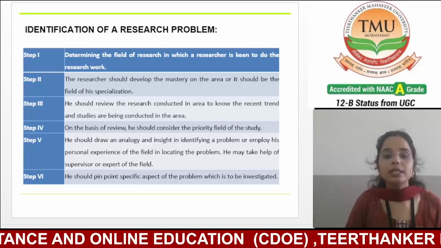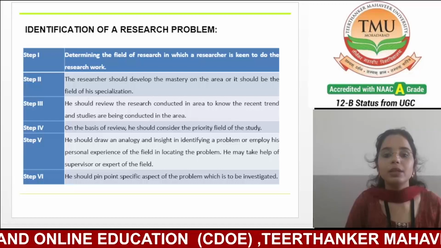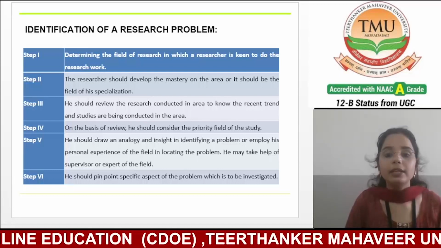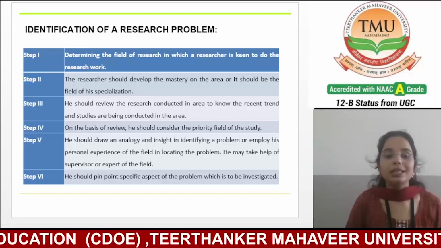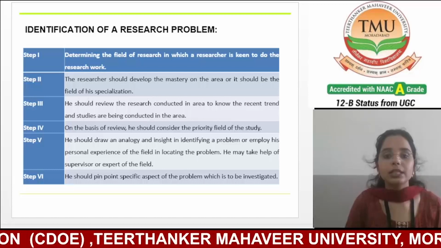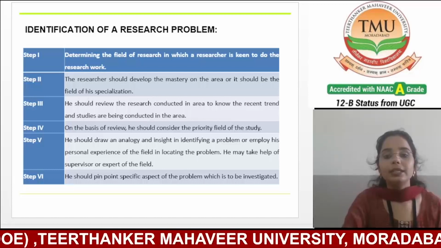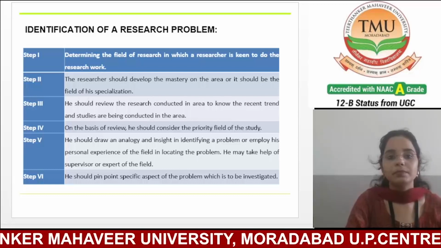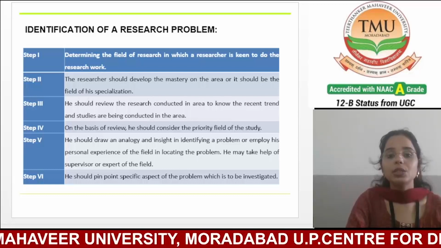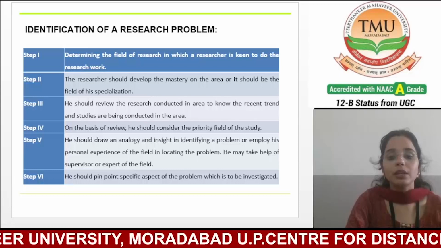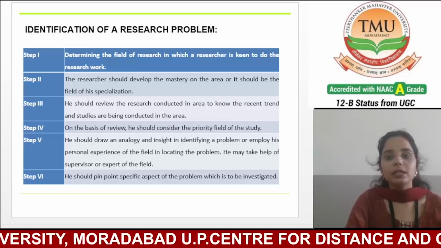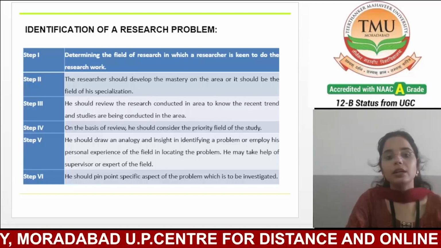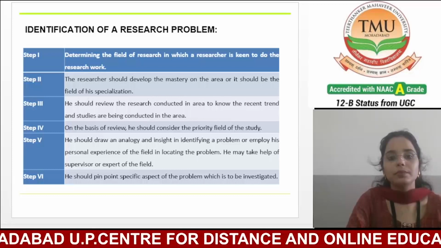And the final step is to assess the feasibility of investigating the identified research problem. This involves considering factors such as time, resources, access to data, and availability of the relevant participants. The researcher must ensure that the problem is realistic and can be studied within the constraints of the situation.